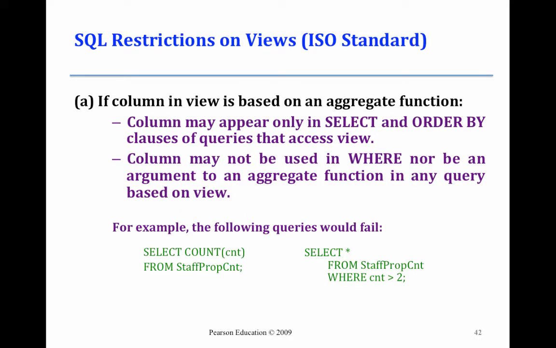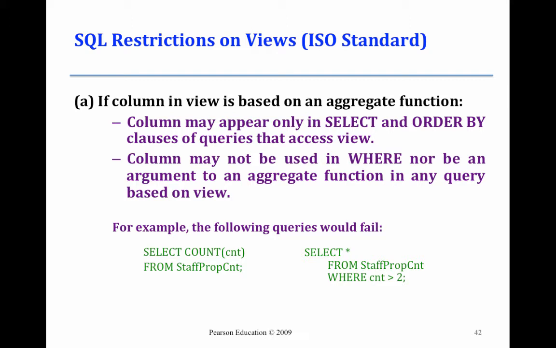Okay, so you remember when we talked in chapter 4, there were some restrictions on views, and they carry over into SQL. So if a column in a view is based on an aggregate function, it can't be used in the where clause of a query on that view.